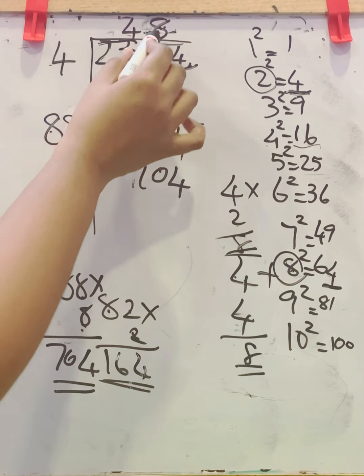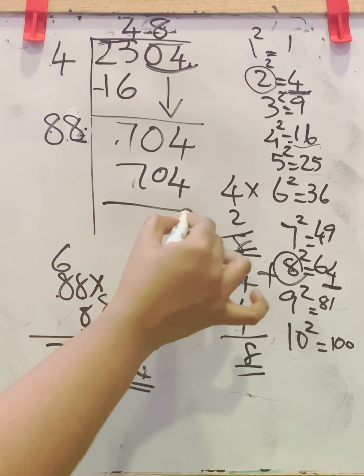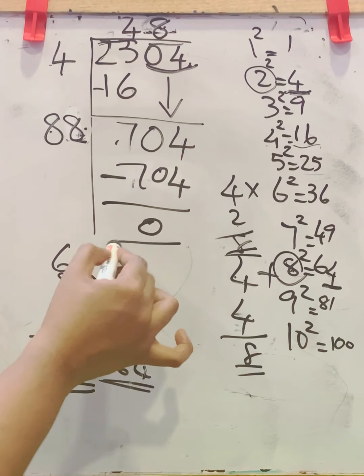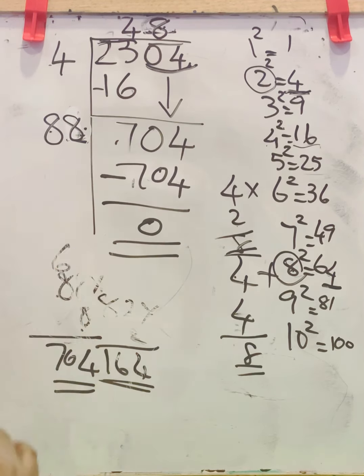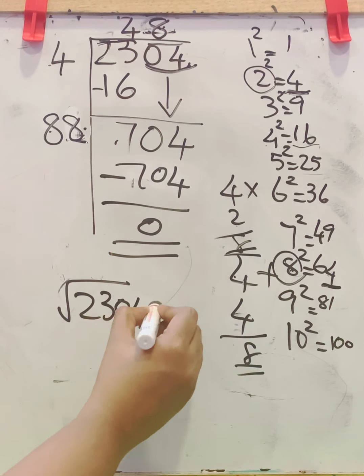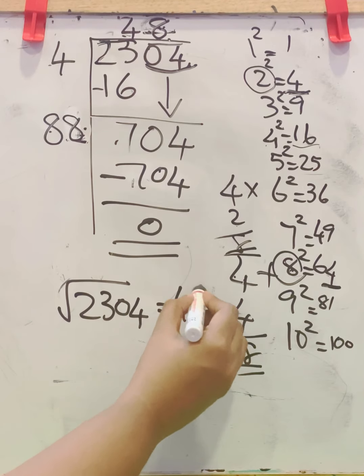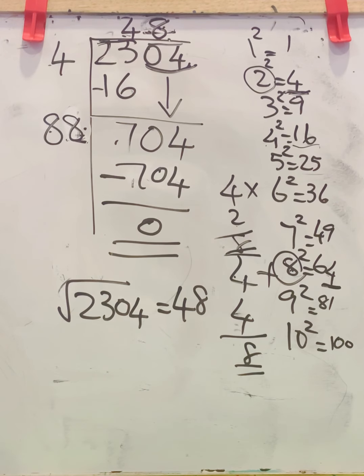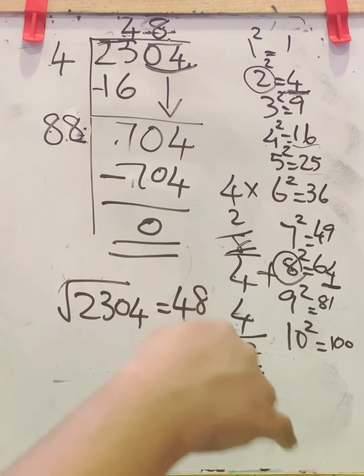So this is the number we want to write here. Now subtract this. Result will be 0. So how will you write the square root? Square root of 2304 equal to 48. This is the division method. You will be more clear while we do the other problem.